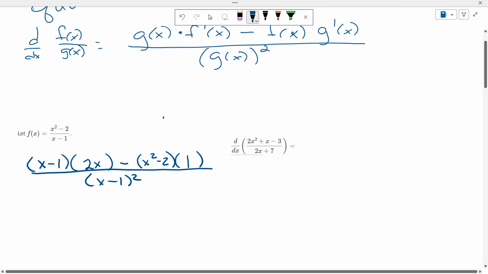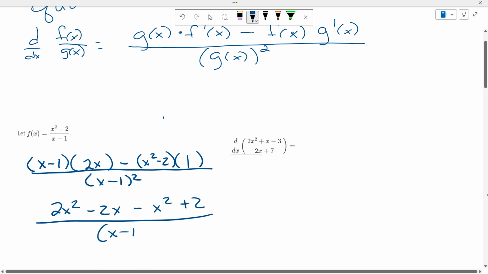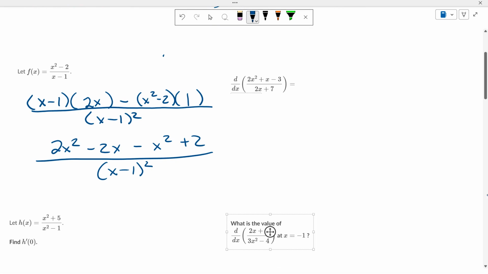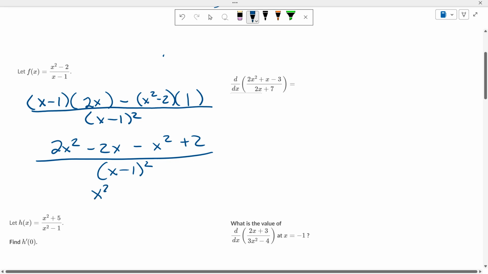So you should simplify the top. So this is 2x squared minus 2x minus x squared plus 2. The bottom, just leave as x minus 1 quantity squared. So the top, what's 2x squared minus x squared? X squared.